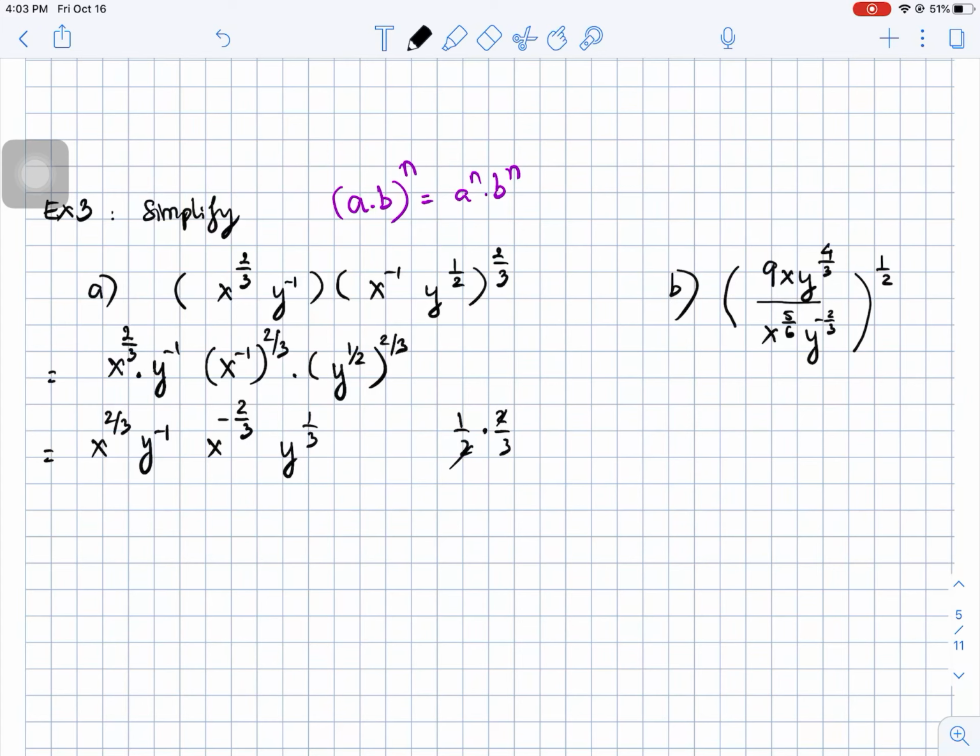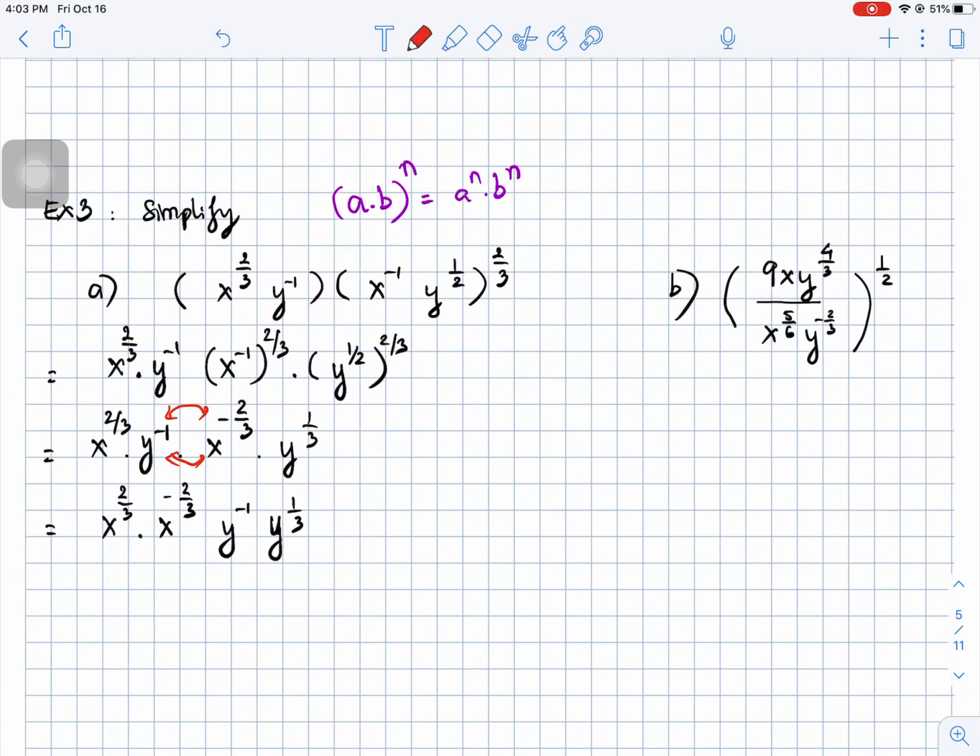Now the first x and y we keep the same, and we will use the power rule to multiply the exponent for the x. We will get negative 2 over 3. And for the y, 1 half times 2 over 3, we cancel out the 2. So we will get 1/3. You notice that there is a multiply between the x and the y.